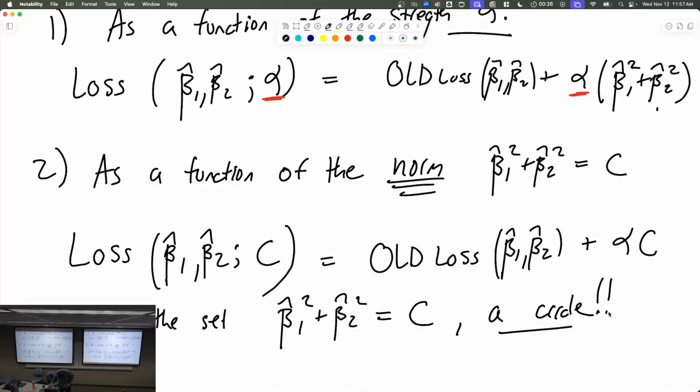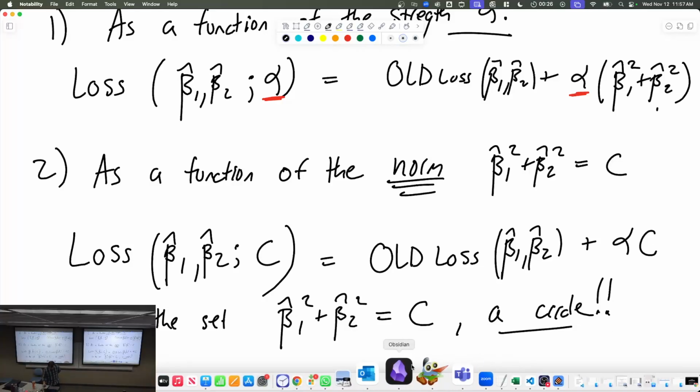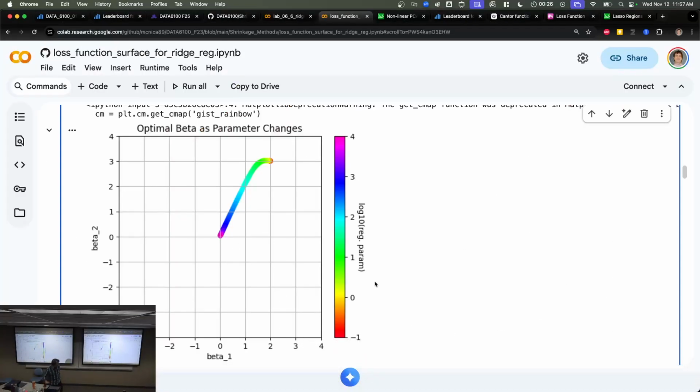So I could have drawn this picture by saying, where on the circle of radius 2 is the loss function minimized? Let's find that point. Where on the circle of radius 1.5 is the loss function minimized? Let's find that point. And by connecting all these dots, I would have gotten the exact same curve over here.